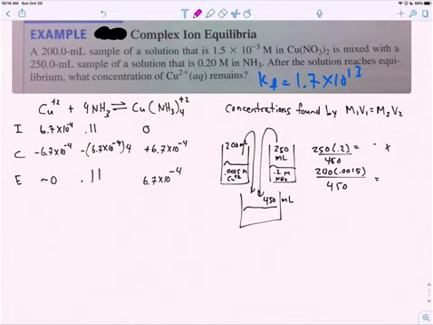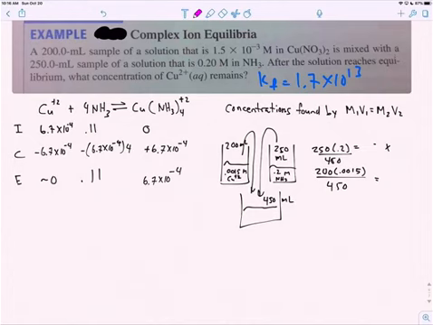After equilibrium, what concentration of copper 2+ remains? I've gone ahead and figured out the concentrations there. You don't have to waste the time writing this out. But the idea: you have 200 milliliters and 250 milliliters, you pour them together to form 450 milliliters, and now you figure out the concentration of everything.